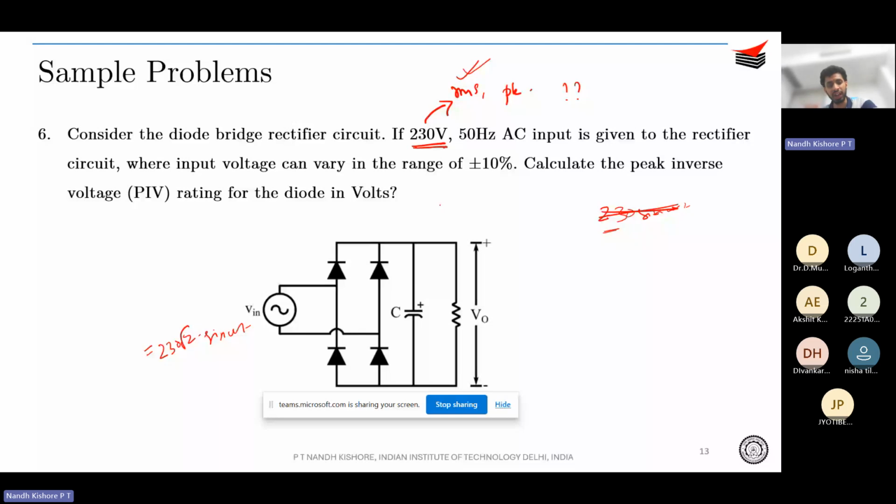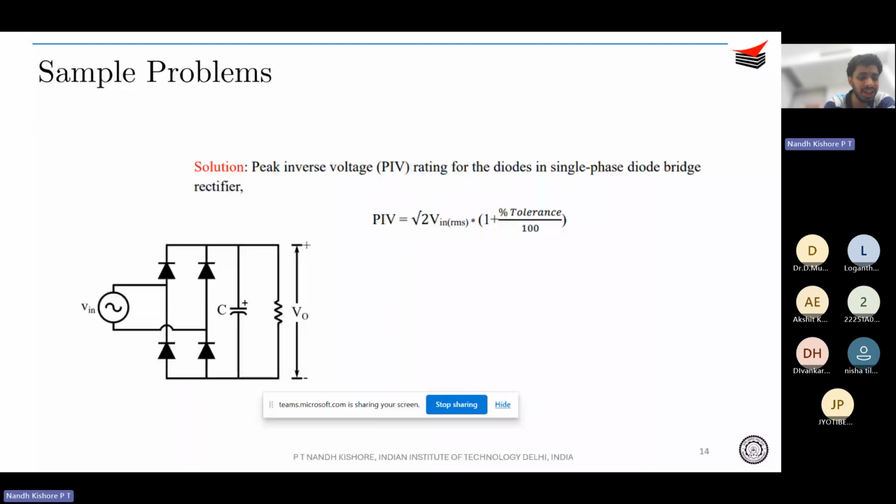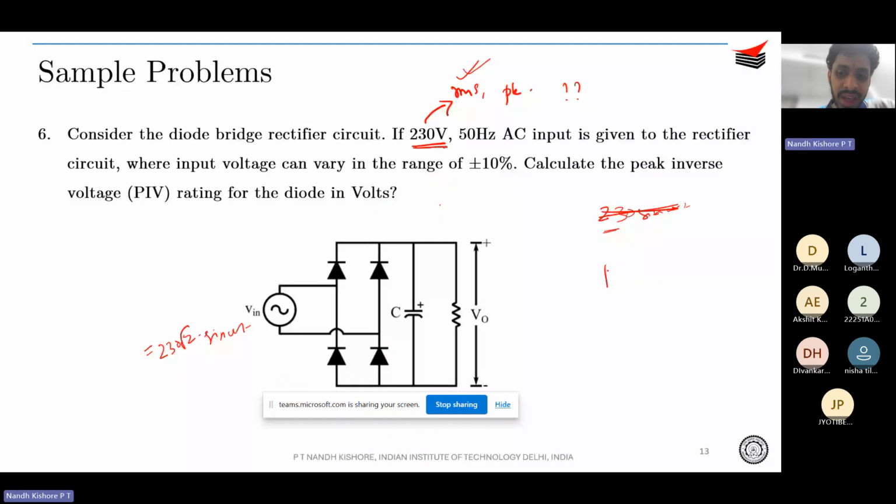Calculate the peak inverse voltage rating for the diode. Generally we tell the peak inverse voltage rating to be Vm, right? We tell the peak inverse voltage is Vm for this diode rectifier.